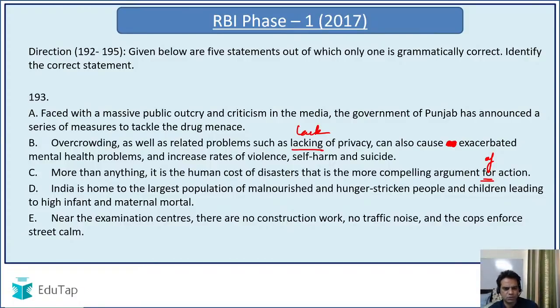More than anything, it is the human cost of disasters that is the more compelling argument of action, not for action. India is home to the largest population of malnourished and hunger-stricken people and children, leading to the high infant and maternal, not mortal, mortality.